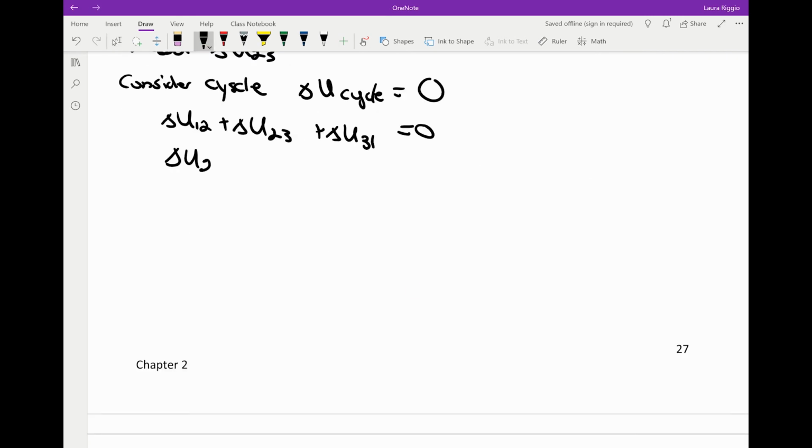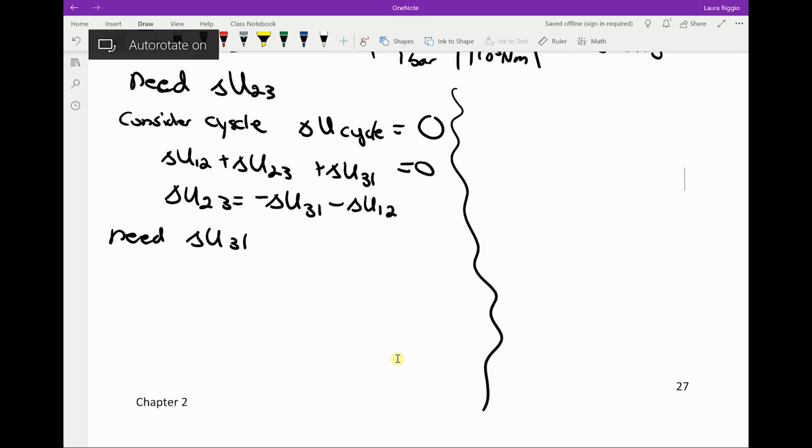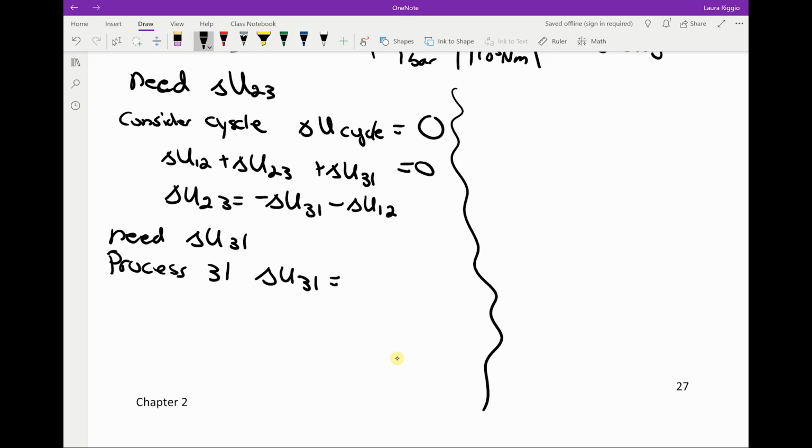So delta U from 2 to 3 is equal to minus delta U from 3 to 1 minus delta U from 1 to 2. Well, we still need delta U from 3 to 1, so if we look at process 3 to 1, we have that delta U from 3 to 1 is equal to Q from 3 to 1 minus our work from 3 to 1. Since it's adiabatic, our heat transfer is 0. So delta U from 3 to 1 is equal to minus our work, which is minus 150 kilojoules.